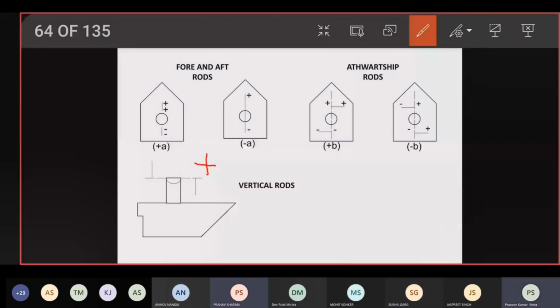The other end, forward rod, bottom end. Sir, since it is to the starboard, it will be negative. Negative because it is not starboard, but it is below the compass. Sorry, negative, because it is below the compass.